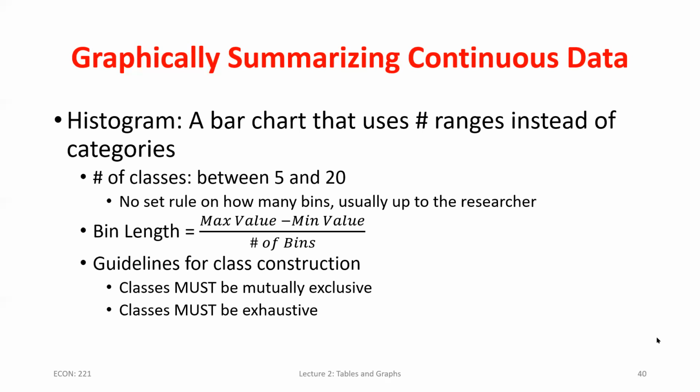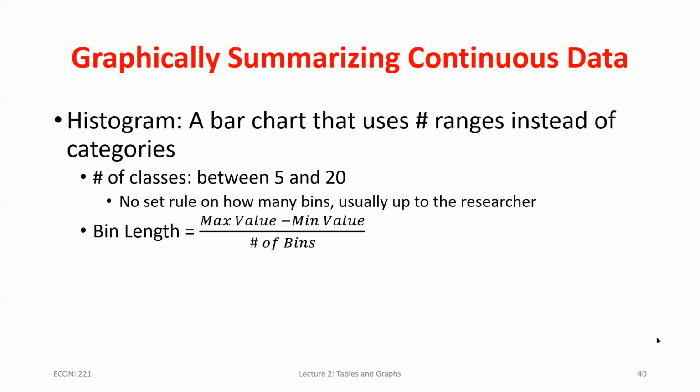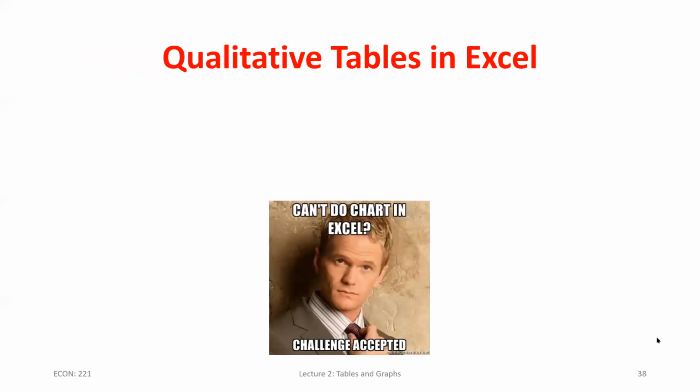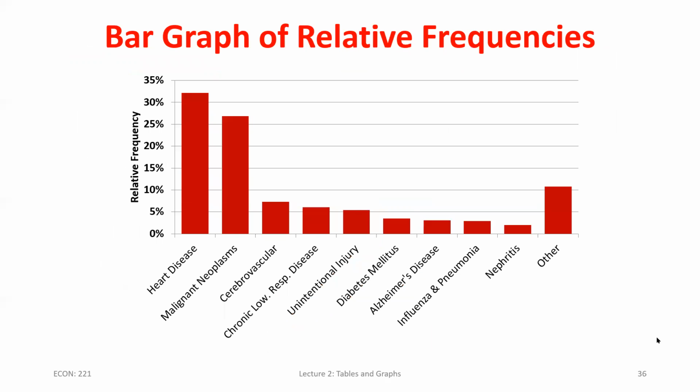Now we can run into some issues here. So let's say I was doing this with income and I just kept doing $10,000 jumps. And maybe I do that up to the last bin. Let's say I just say if income, that X variable, is greater than 100,000, count it in this last category. Kind of create these catch-all categories. It's similar to our other category when we're using qualitative data.